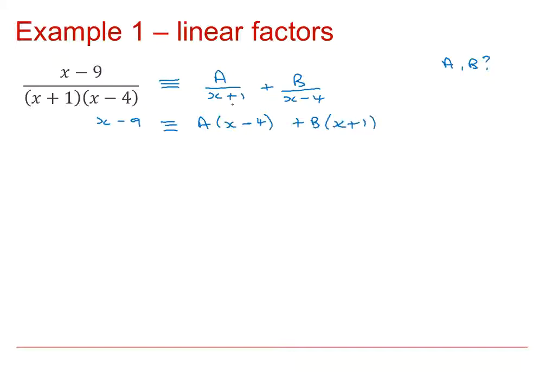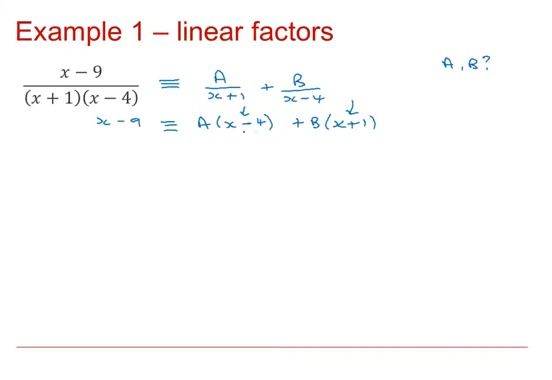Notice when we multiply this term by (x plus 1)(x minus 4), the x plus 1 cancels out and we're left with x minus 4. And when we multiply this term by (x plus 1)(x minus 4), the x minus 4 cancels out and we're left with just the x plus 1. Because this identity has to be exactly true for all x, we can now choose values of x.